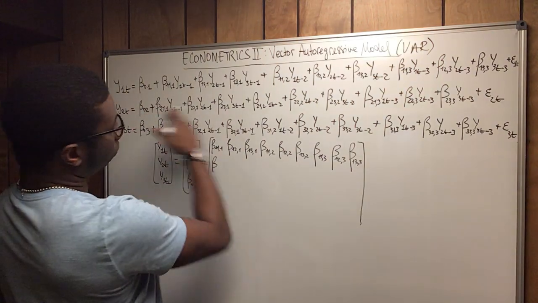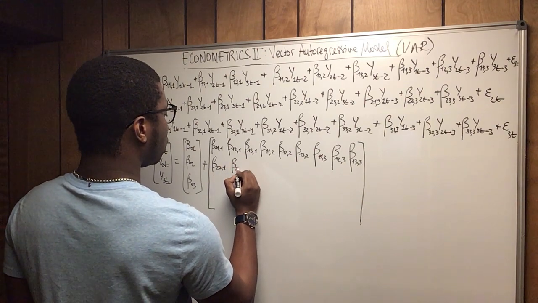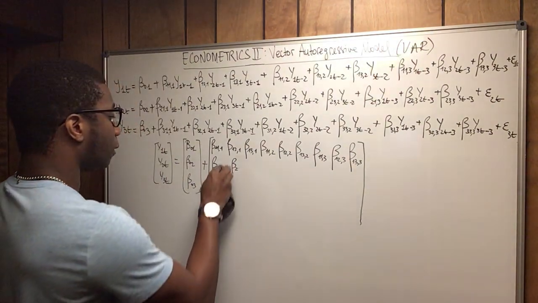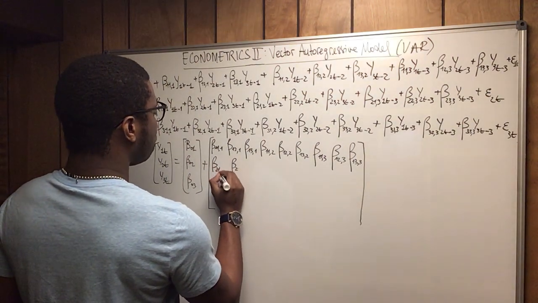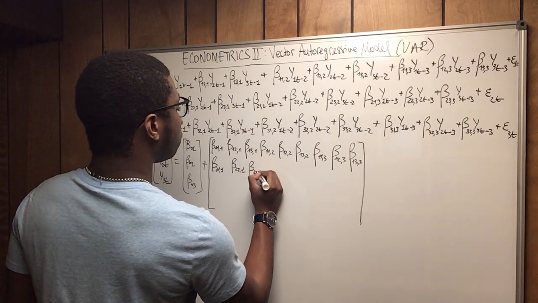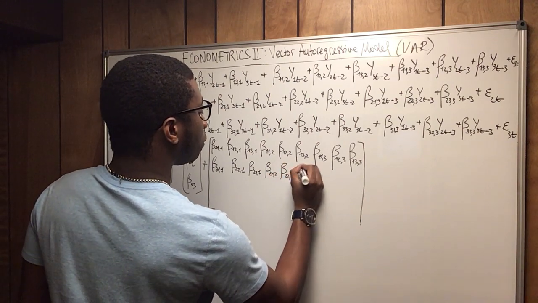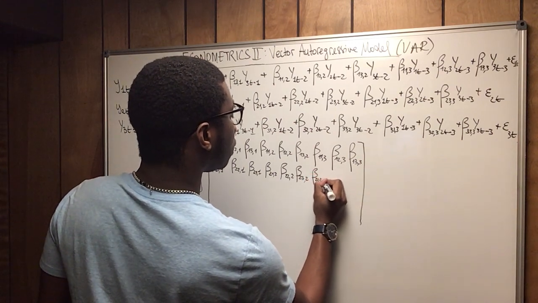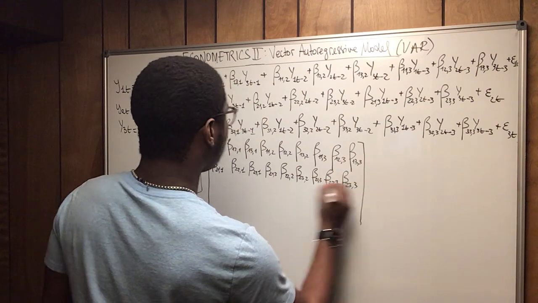And then we do the same for the second row. Oops, sorry, it's beta 21,1 first. Sorry, guys. My brain is getting fried. Okay, beta 21,1, beta 22,1, beta 23,1, beta 21,2, beta 22,2, beta 23,2, beta 21,3, beta 22,3, beta 23,3.